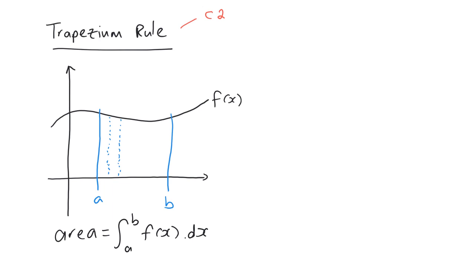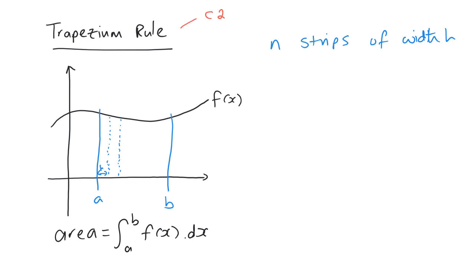If we could find the area of each one and then add them all together, we would get an approximation for the area, okay? So there are n strips of width h. Okay, so this width here is h.